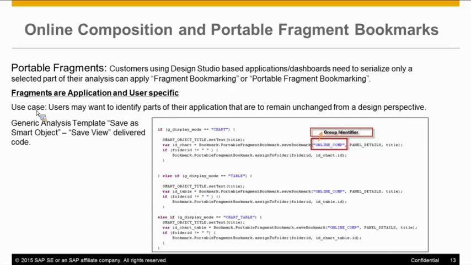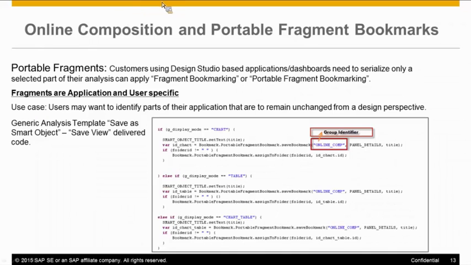And we use portable fragments in the online composition template to create a dashboard, and all these portable fragments or smart objects will be created by different users. Each smart object will have a different data source assigned to it, coming from different databases maybe.